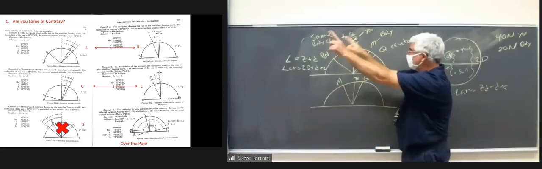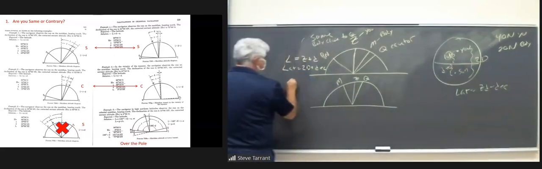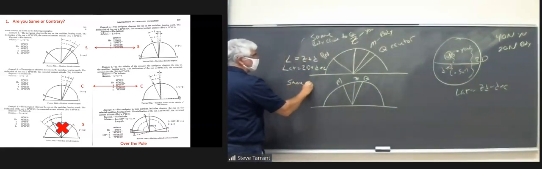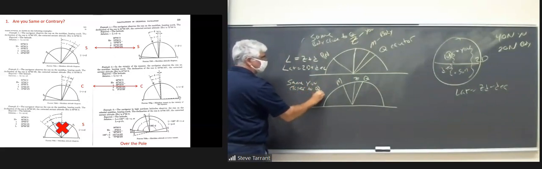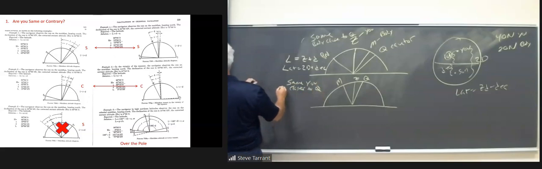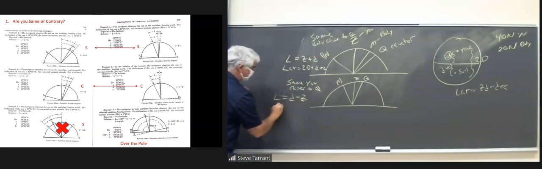So I look for same, the top two, and I look for the one where the body's closer. Boom, there's the formula, done. Don't even have to derive it. What's this one? This is same, U closer to Q. Oh, well, that formula is L equals D minus Z. And that's lat equals dec minus ZD. Done.